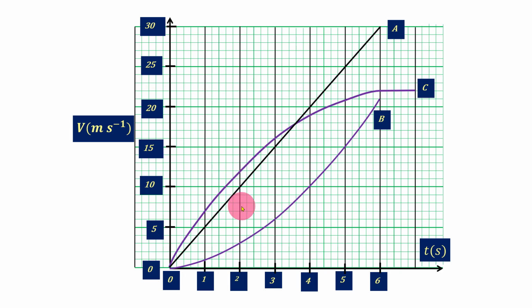It actually increases by 5 meters per second. In the next 1 second, it increases from 12 meters per second all the way to 16 meters per second. You can see that it has increased by 4, from 12 all the way to 16.